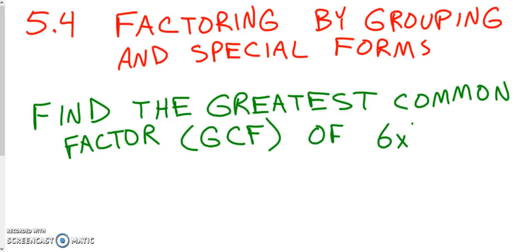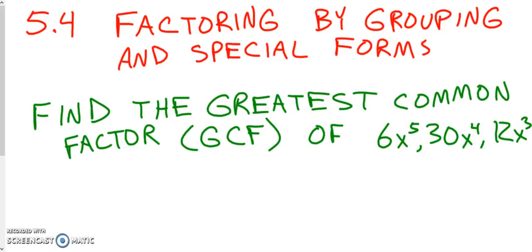So 6x to the 5th, 30x to the 4th, and 12x cubed. Well, what we can do is look at the coefficients and come up with the greatest common factor between those, and then come up with the greatest common factor between the x's or any other variables that there might be in the expression.